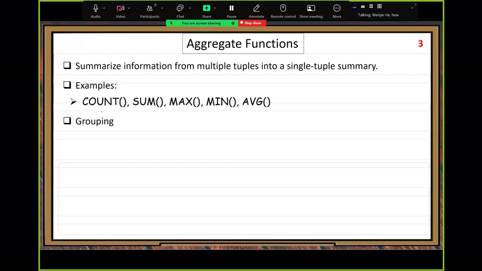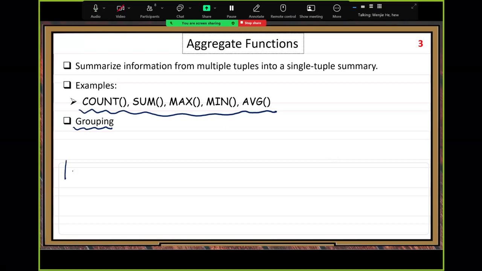When you apply these aggregate functions, there are two ways to apply. The next topic is grouping. In order to explain this grouping concept, I need to explain the two ways to apply the aggregate function.